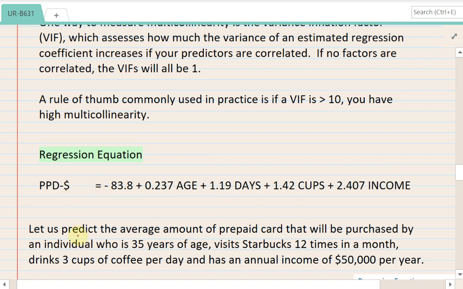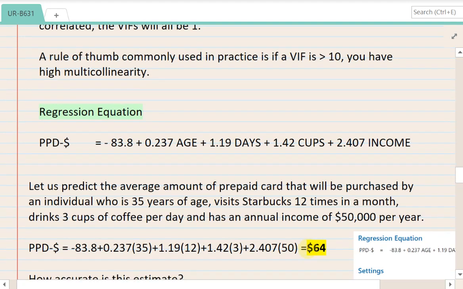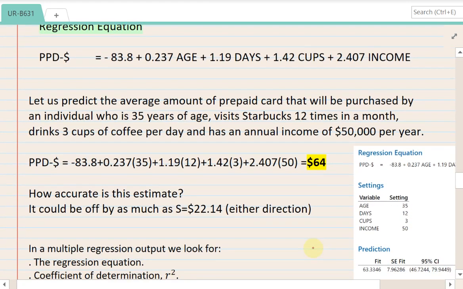Okay, and let's say I want to predict the average amount of prepaid card that will be purchased by an individual who's 35 years of age, visits a Starbucks 12 times in a month, drinks 3 cups of coffee per day and has an annual income of $50,000. So there you go.